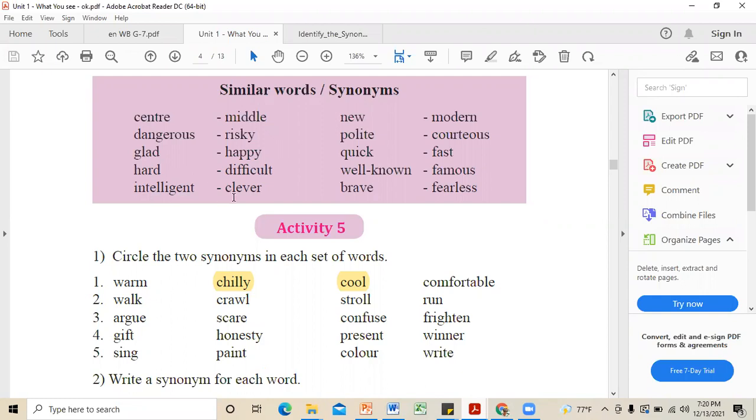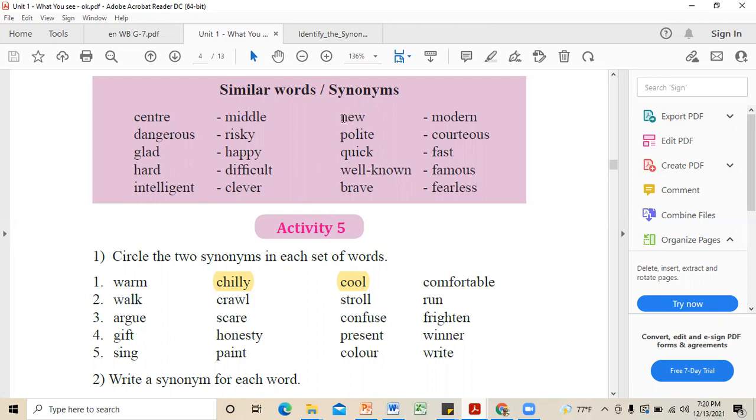And intelligent and clever. What do we mean by intelligent? It can be a kid like you, or a person who is older like us. If that person has good knowledge and works well, we can say that person is intelligent, or else he or she is clever.